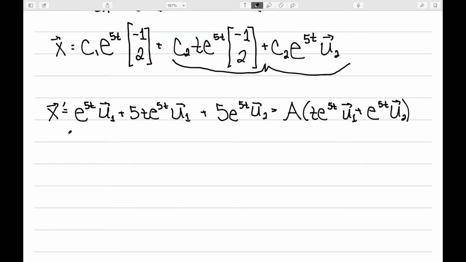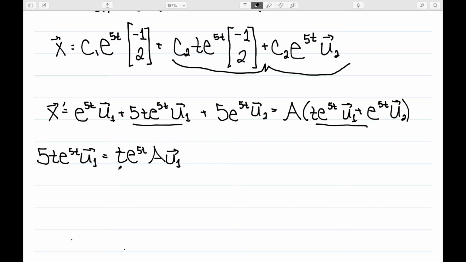And once again, I'm going to equate pieces that have a t and pieces that don't. So if I look at the pieces that have a t, I have 5t e to the 5t u1. The right-hand side is t e to the 5t A u1. Once again, I can cancel my t and e to the 5t from both sides.